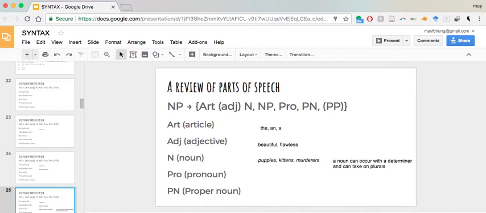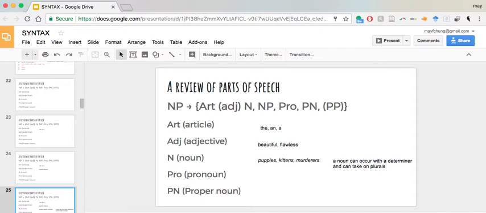It could be. But think of it in a more relational way to other parts of speech. So, for example, if you think of a noun being a person, place, thing, or idea, what about a more abstract noun versus something that's a little bit more concrete? So here I have puppies, kittens, or murderers as my nouns.